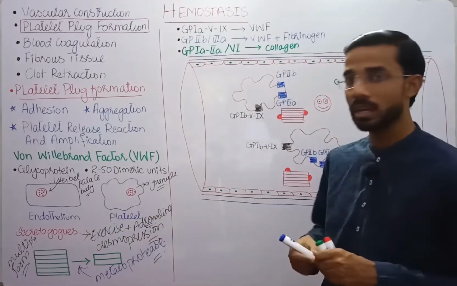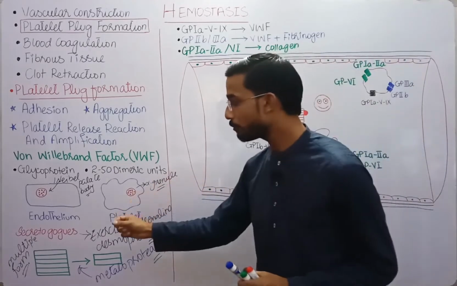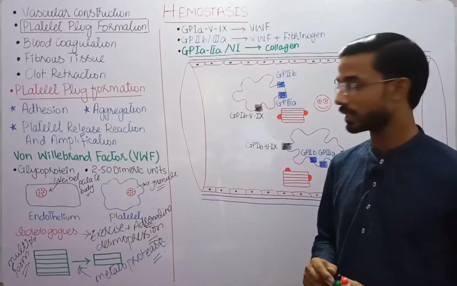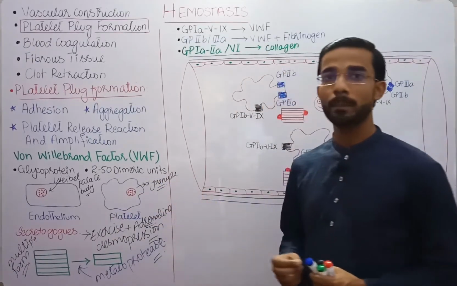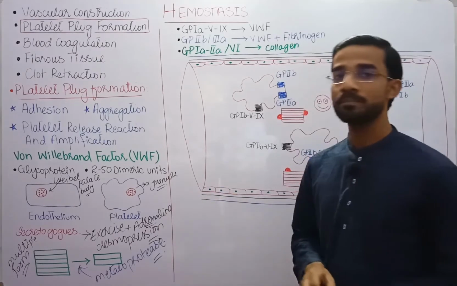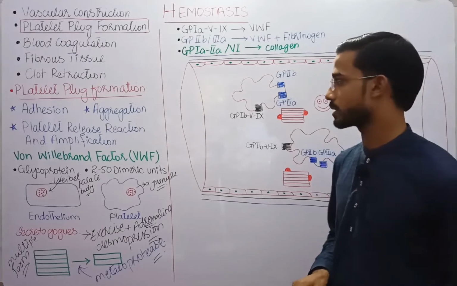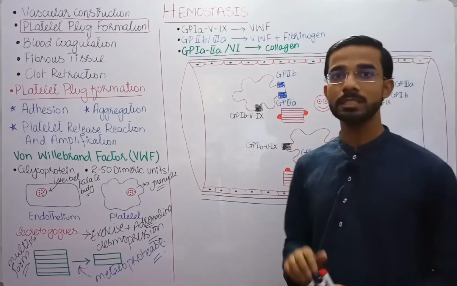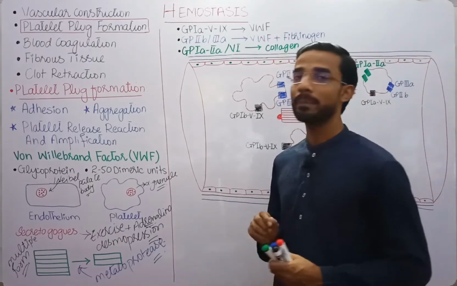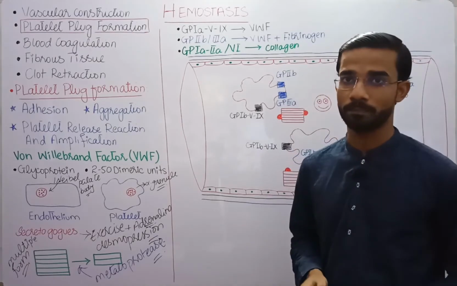This enzyme converts multimer forms of von Willebrand factor into smaller multimers, or you can say dimeric units or monomeric units, right? Let's move on to how the platelet plug is formed.